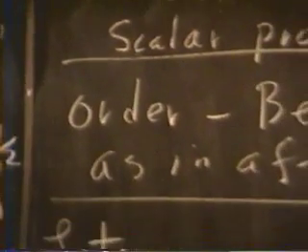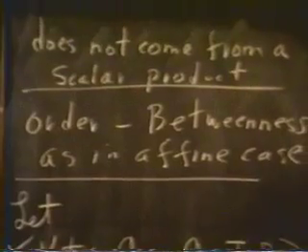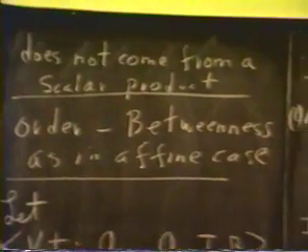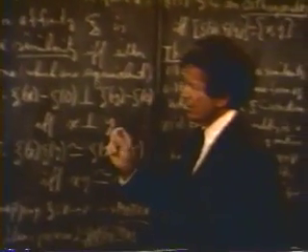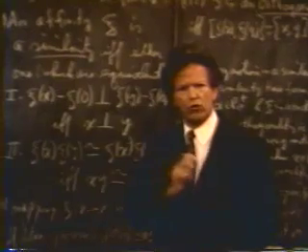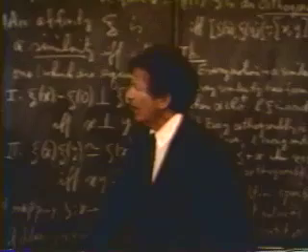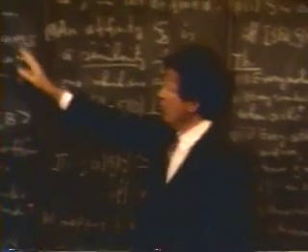The next point is that in analytic Euclidean geometry, we introduce order in the same way that we do in the affine spaces. As you might gather from this, the analytic Euclidean geometry is closer to affine geometry than it is to projective geometry. Because this is seen in the order relation.